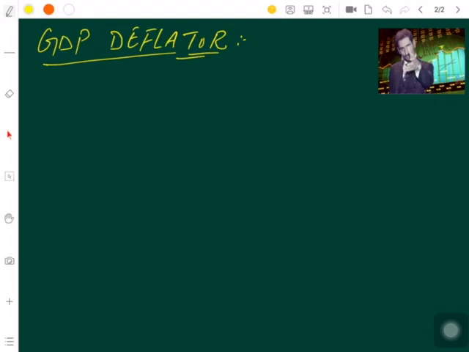So if we have to define it, how would we define the GDP deflator?